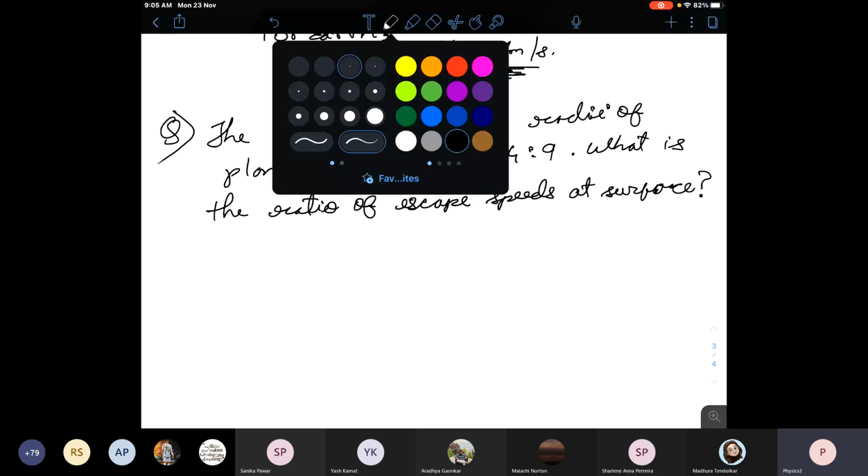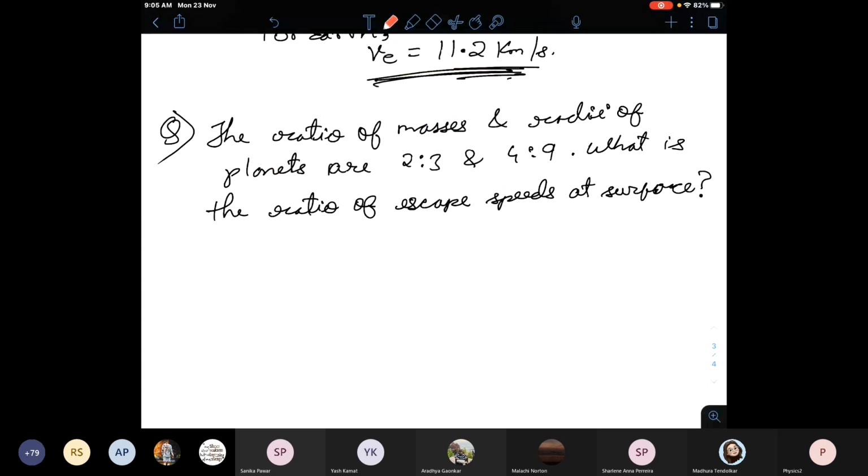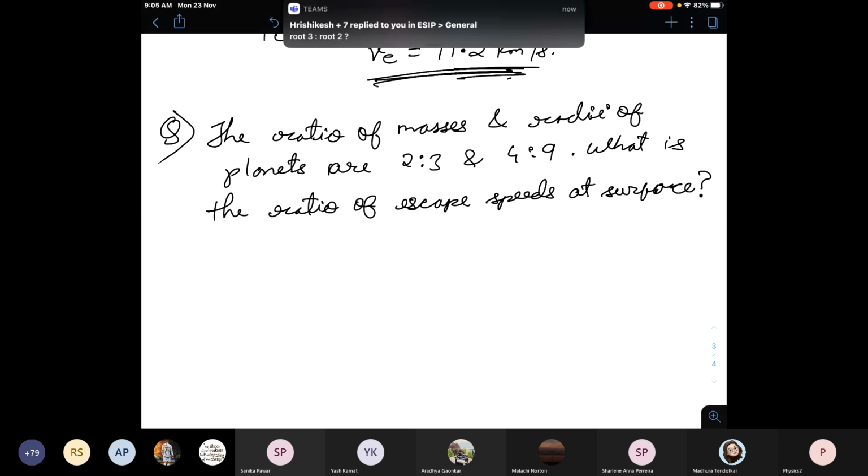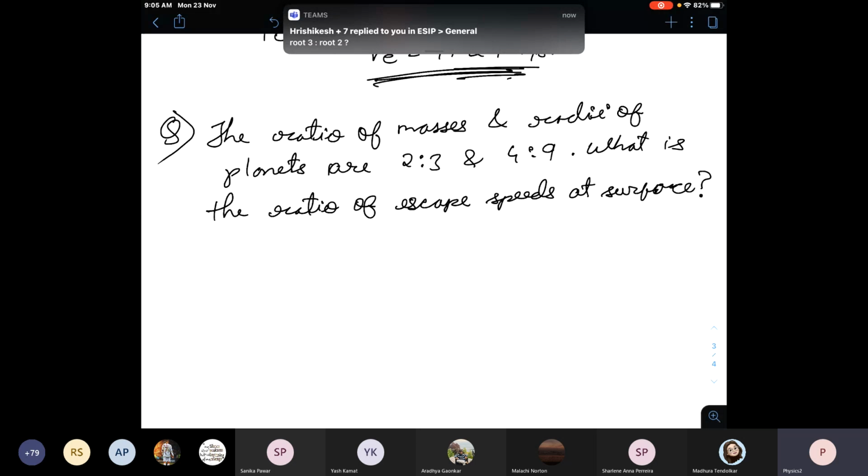Yes, anybody getting answer? Or should I solve? Yes, root 3 is to root 2. Good, nice.